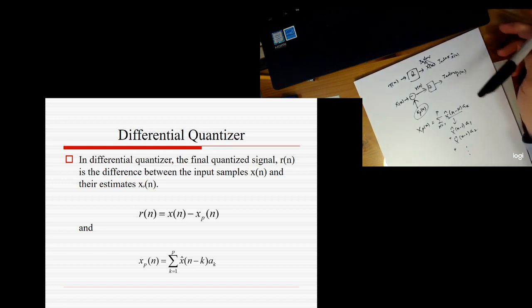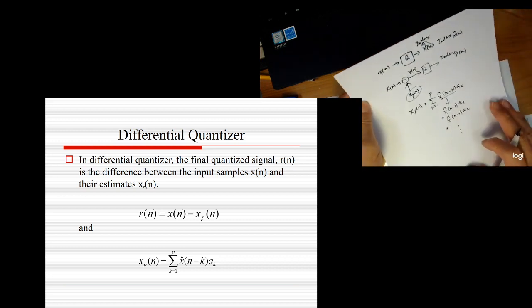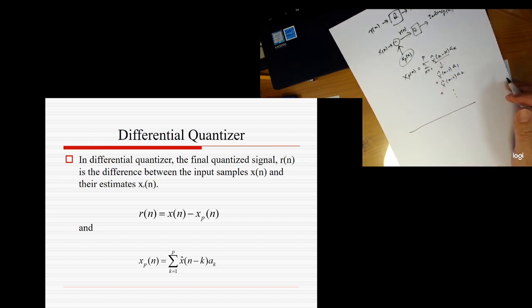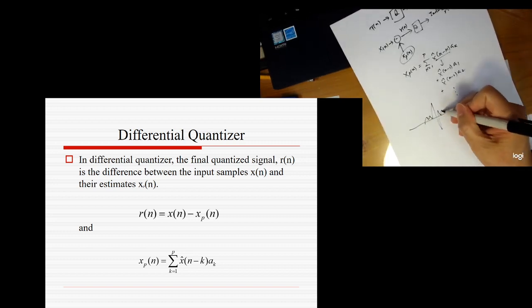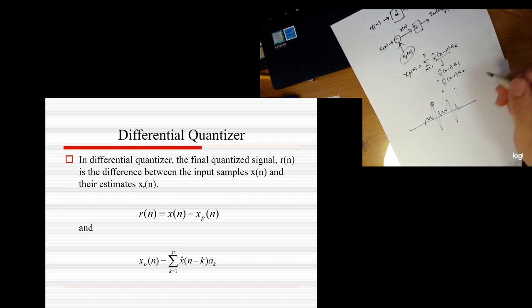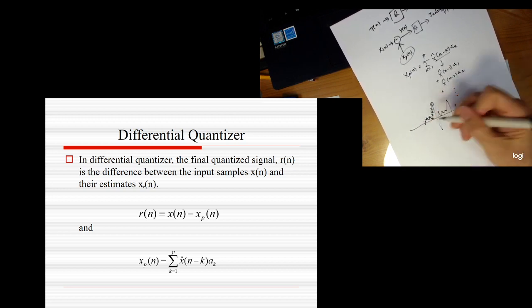This equation just tells you that, for a signal like a speech signal, if we try to predict this sample, we use the previous signals to do a linear combination.